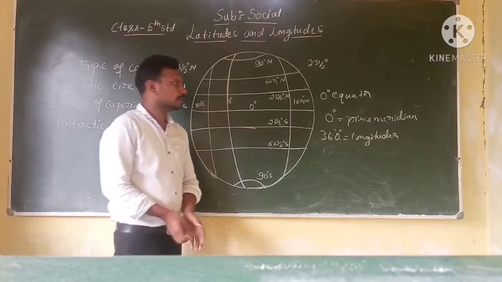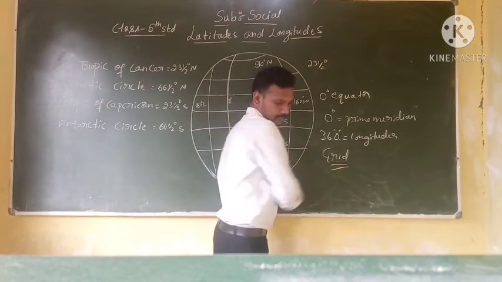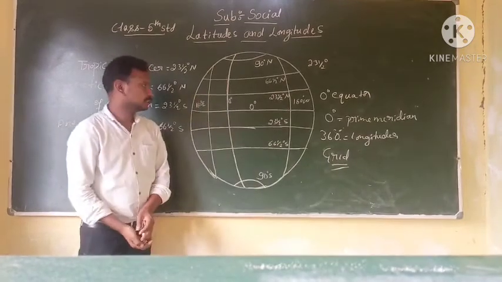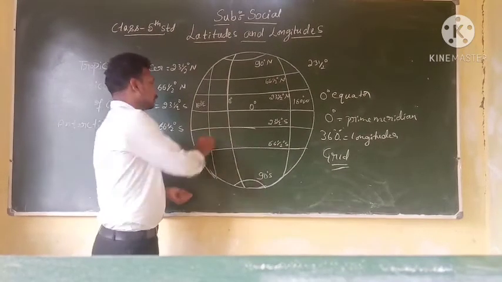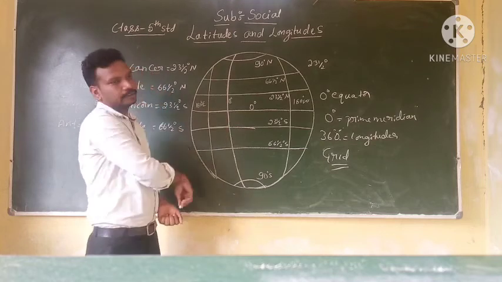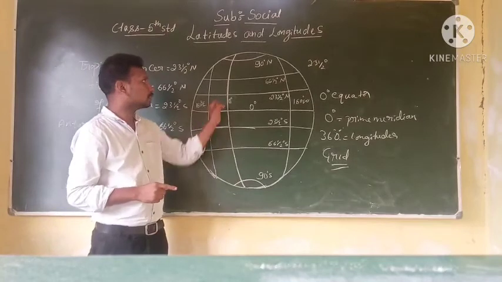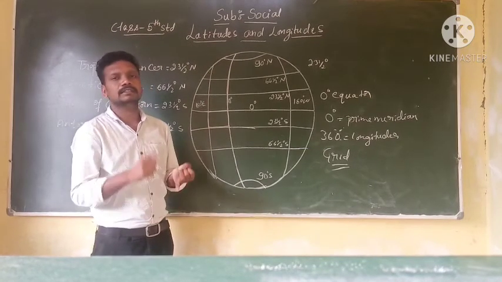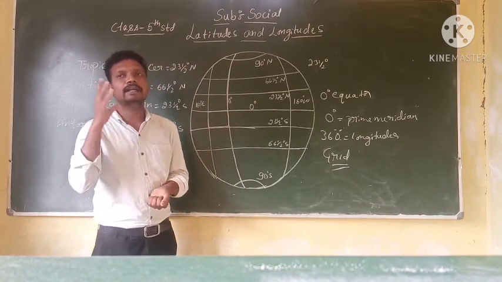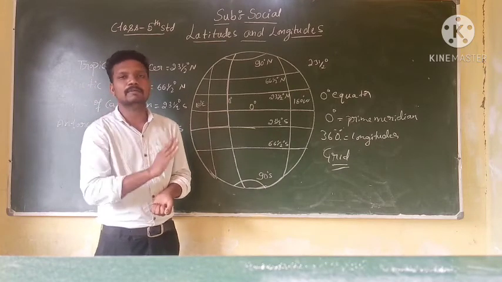Okay, let's move to another topic, the grid system. Dear students, here you can observe the circle type of pattern. The circles of latitudes as well as the circles of longitudes make a square or crisscross type of pattern.